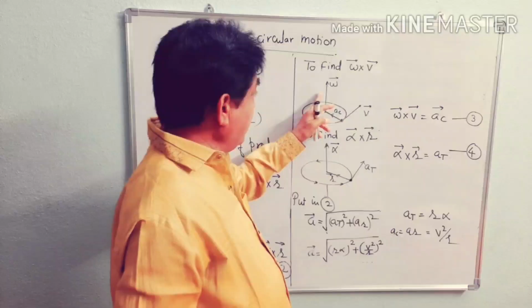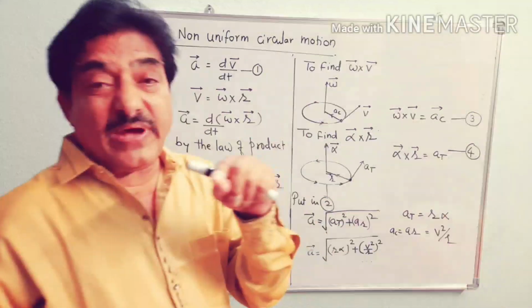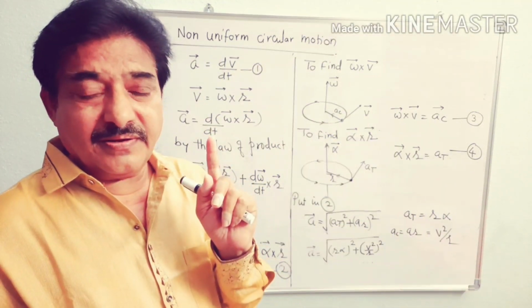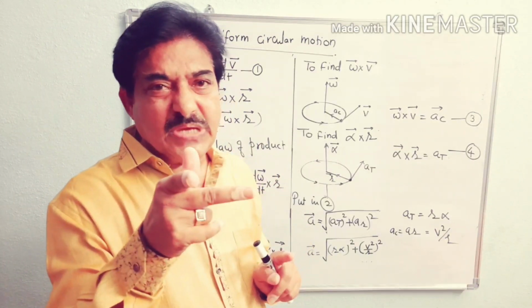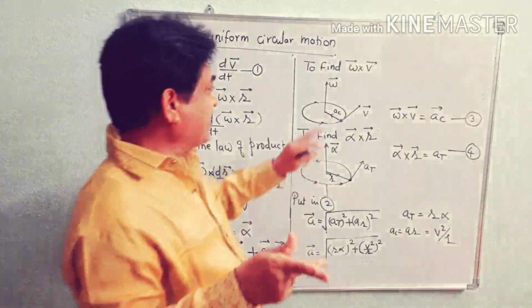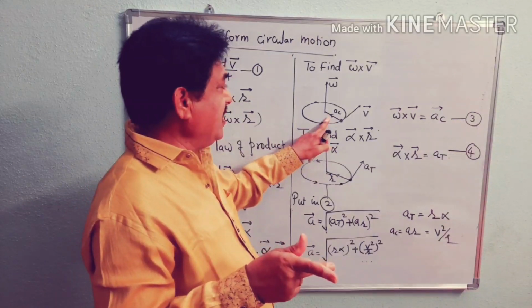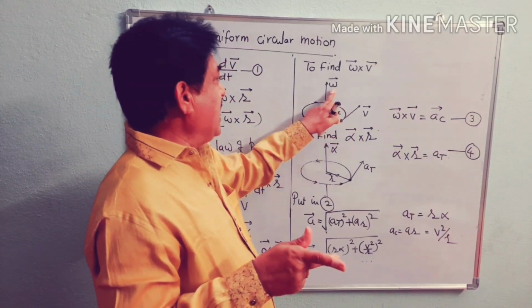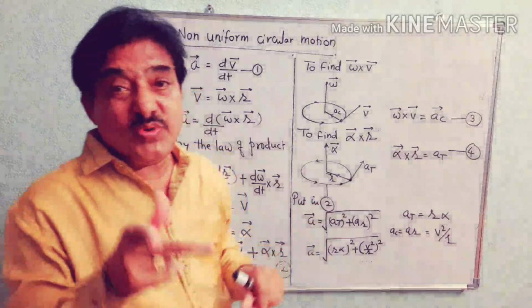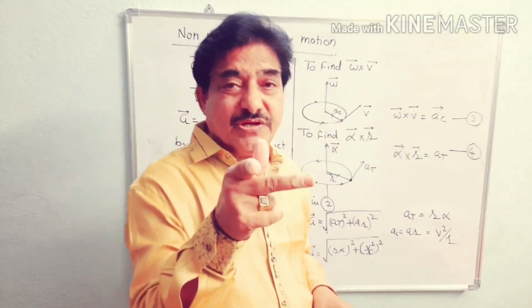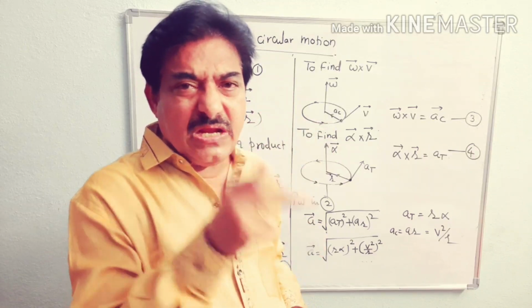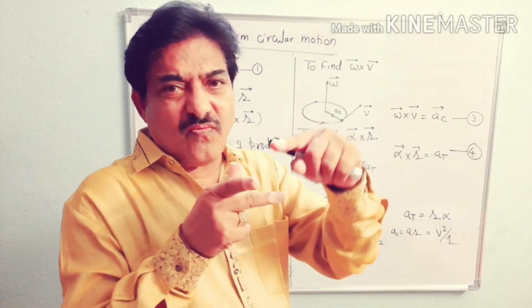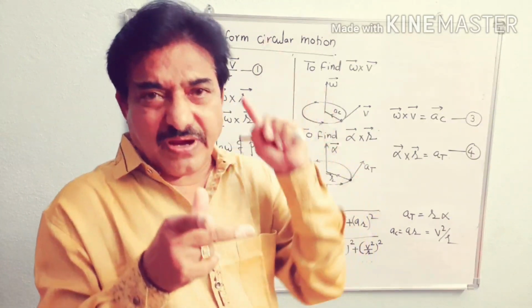To find the direction of acceleration, we have to use the right hand rule, because here the three vectors, acceleration, velocity and angular velocity, are mutually perpendicular to each other. So we use the right hand rule again, in which we assign one vector along each finger.